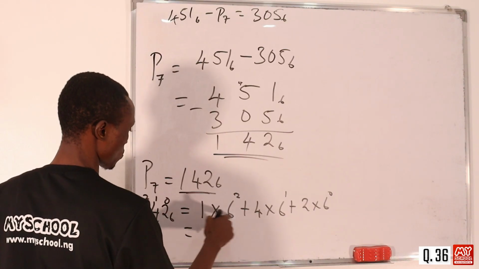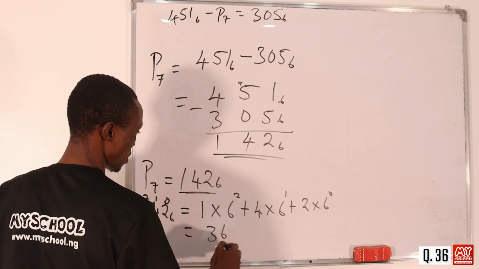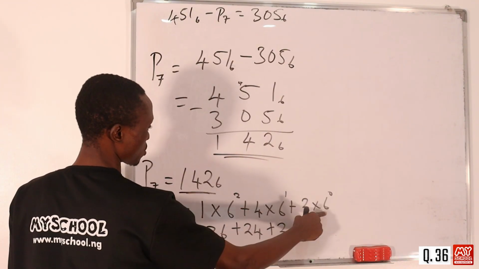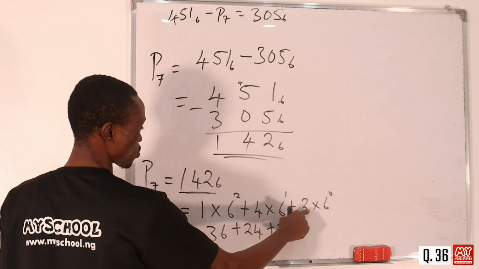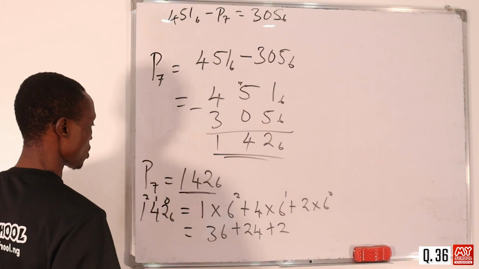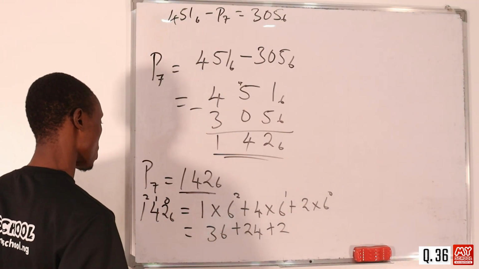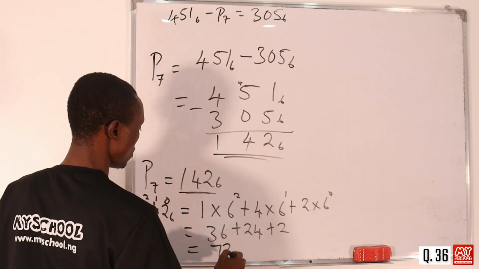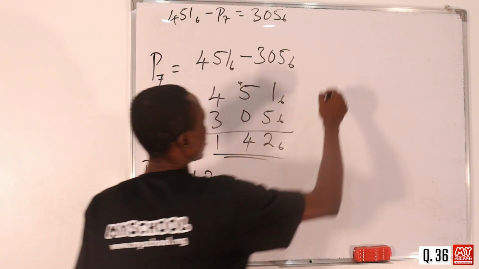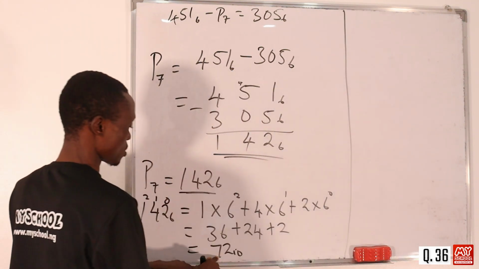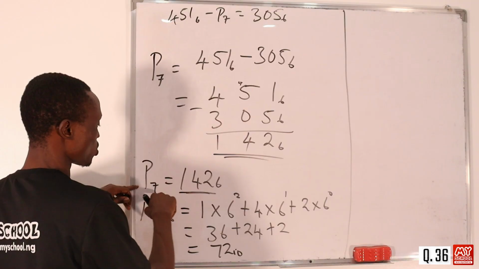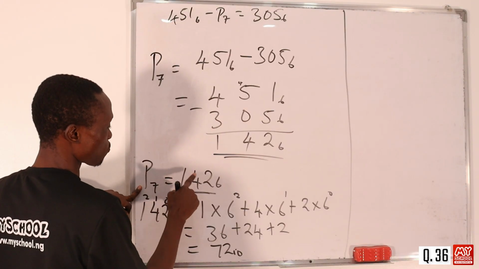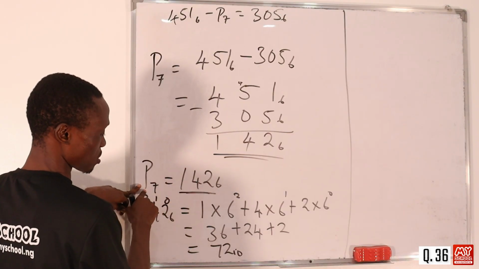This gives 36 plus 24 plus 2, because 6 raised to power 0 is 1 and 2 times 1 is 2. Adding these together, we have 72 in base 10.